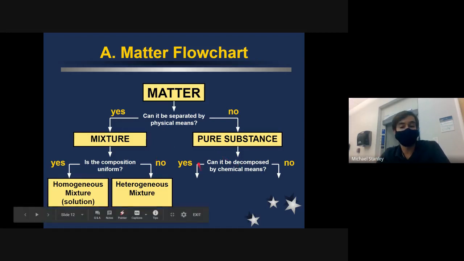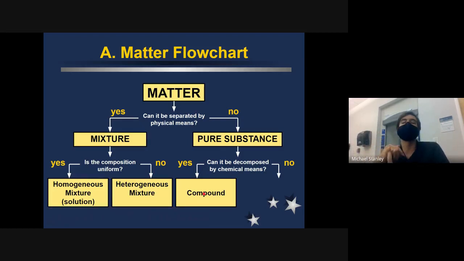If there are, then we have a substance called a compound. So again, compound, something like H2O for water, or CO2 for carbon dioxide, or NaCl for salt. It's all different atoms, but the atoms are fused together. They're bonded with each other.